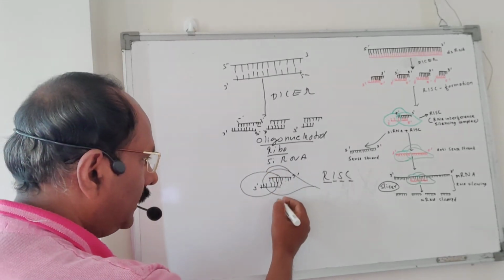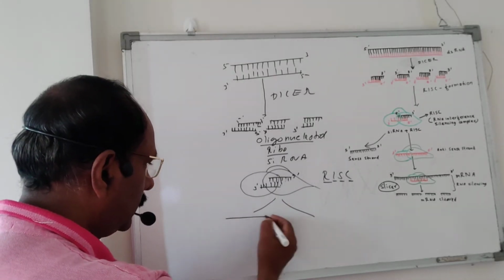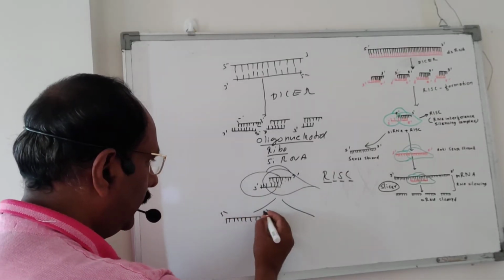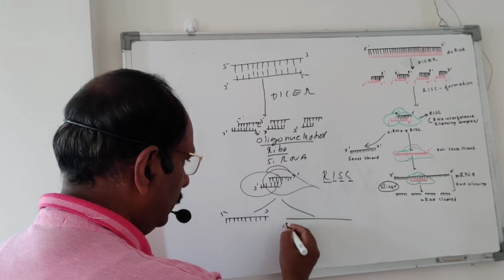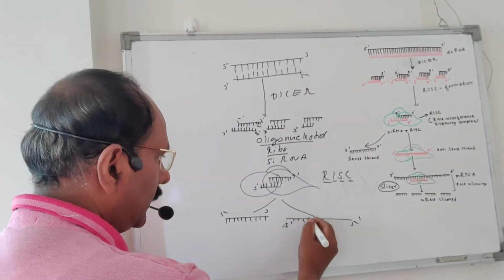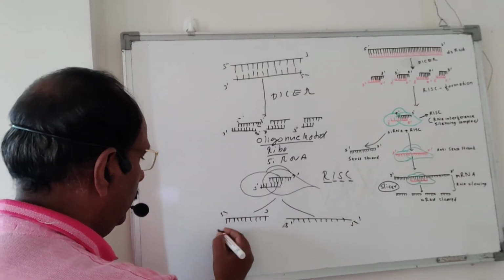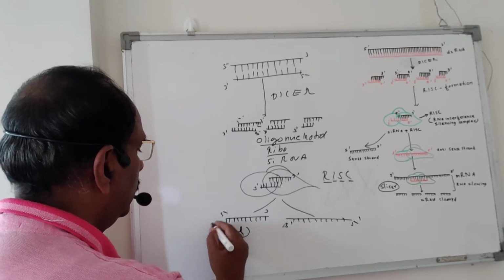This RNA-induced silencing complex binds with the small interfering RNA, and the small interfering RNA splits into 2 single strands. One strand runs from 5' to 3'. Another strand runs from 3' to 5'. The strand running from 5' to 3' is known as the sense strand.